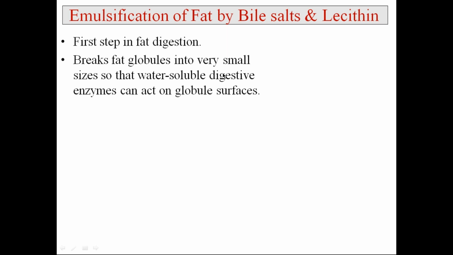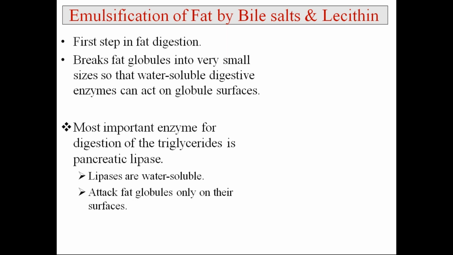Okay, fat is water insoluble, and all the juices being secreted in the body, the digestive juices, are water based. So you have to convert fat into a form which can be water soluble, and that is why all these processes are happening. So it breaks the fat globules into very small sizes so that water soluble digestive enzymes can act on the globule surfaces.